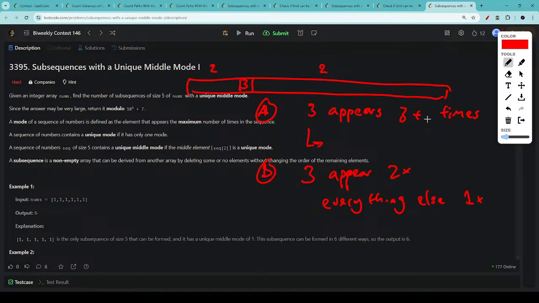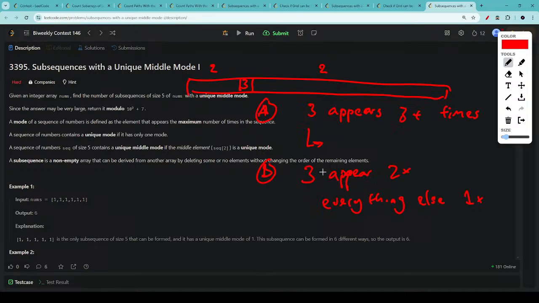Either 3 appears exactly 3 times, which means on the left it appears 2 times and on the right once, or on the left once and on the right 2 times, or on the left 2 times and on the right 0 times. Yeah, so there are 3 possible cases. If you want 3 to appear 4 times, then it has to appear 2 times on the left, 1 time on the right. If you want 3 to appear 5 times, it has to appear 2 times on the left, 2 times on the right. So this is a bunch of cases. And for each case, you calculate this.